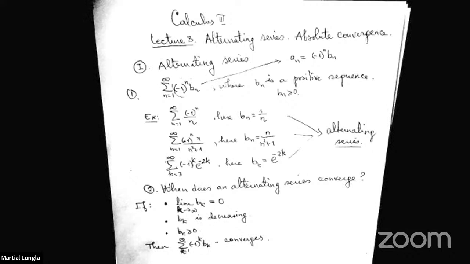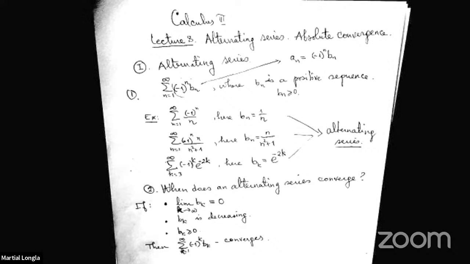So the alternating series converges if you can show that the limit of b_k is 0, b_k is decreasing, and b_k is positive. If any of those three doesn't hold, then you can't state using the alternating series test that the series converges.